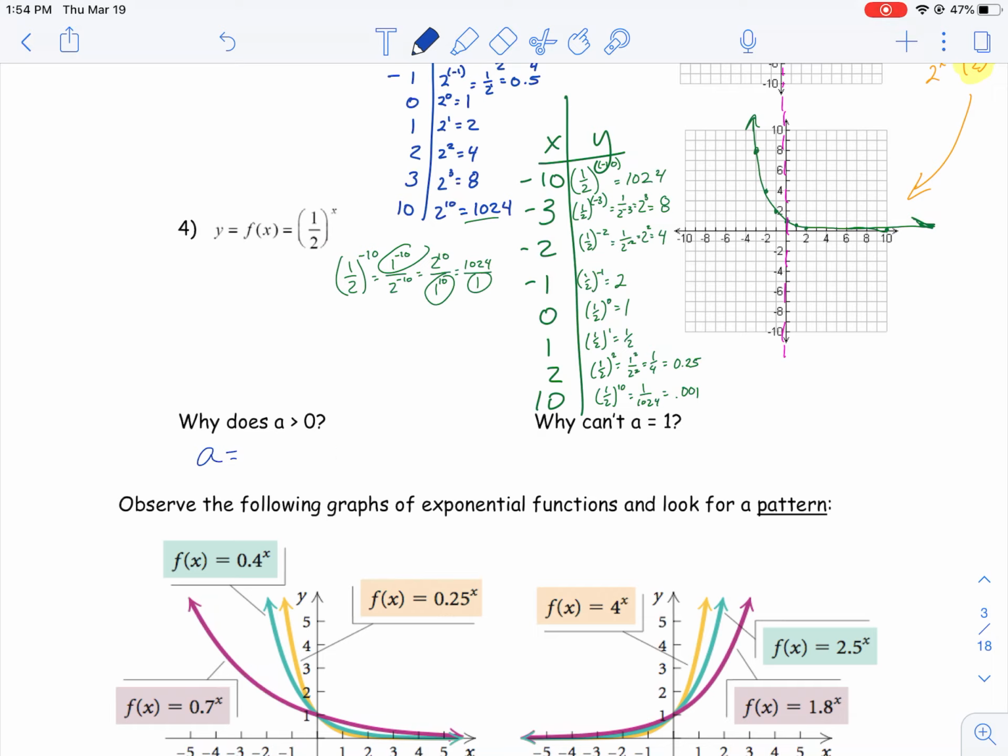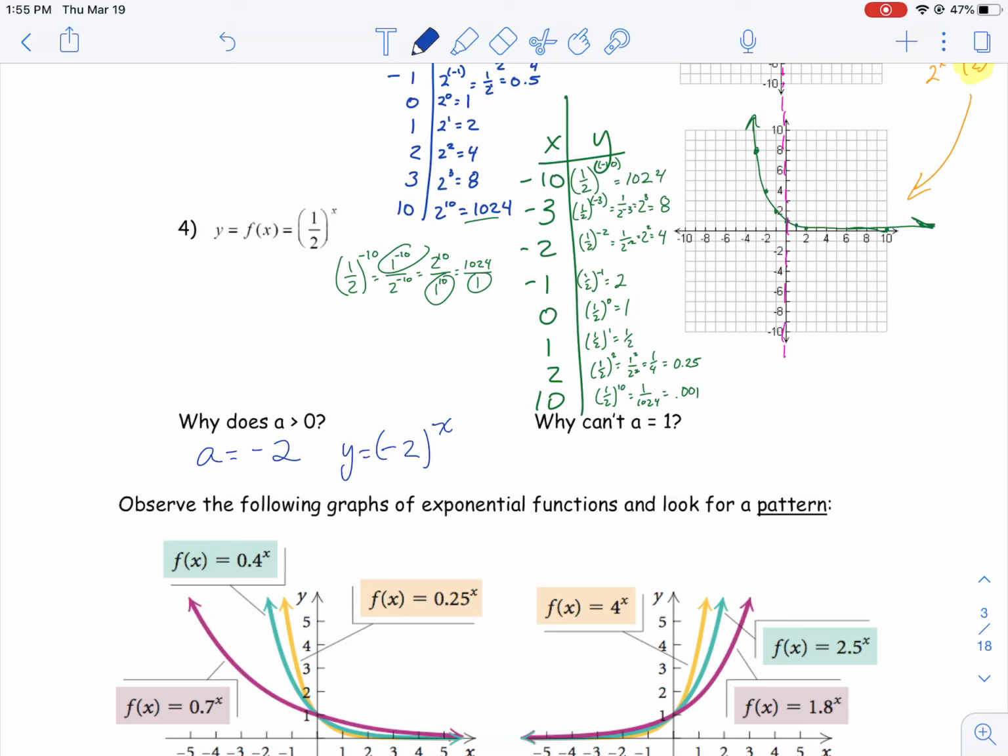All right, well, what if a is a negative number, like -2? y equals -2 to the x. This is just going to cause all kinds of trouble. If x is an even number, -2 to an even power will be positive, but if x is odd, it will be negative.